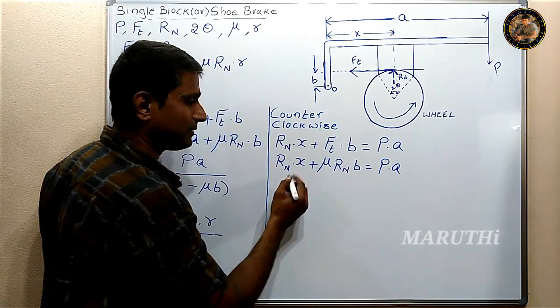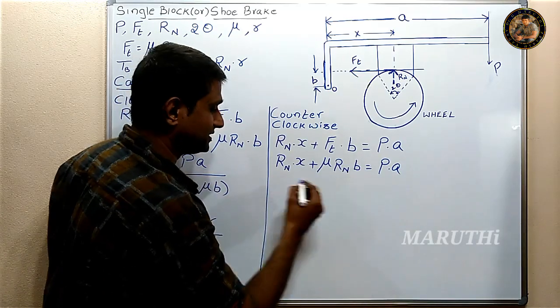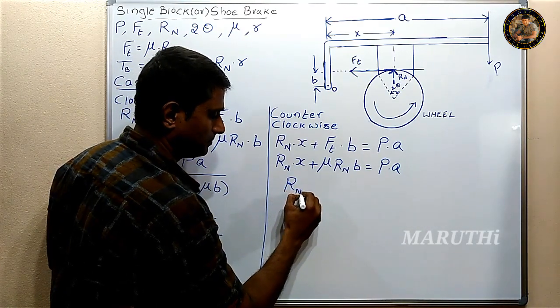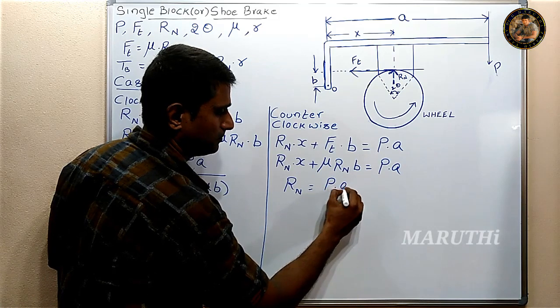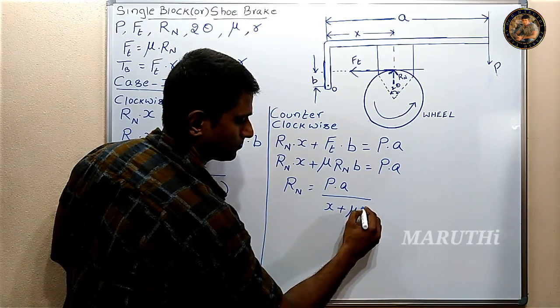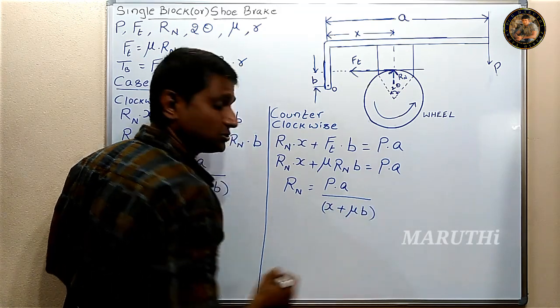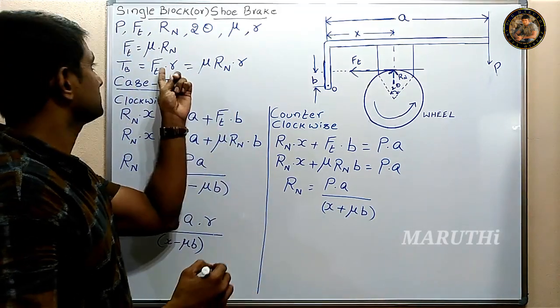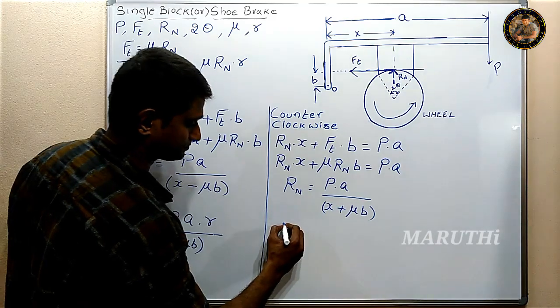So here we can take Rn common and bring all the remaining terms to the other side. So this is Rn. Substitute this Rn here in the braking torque.